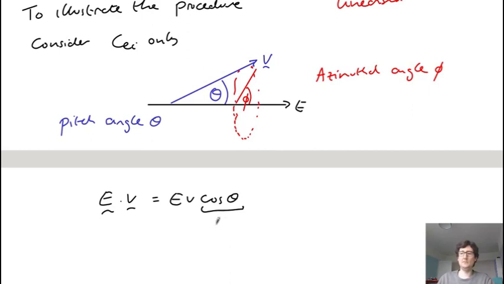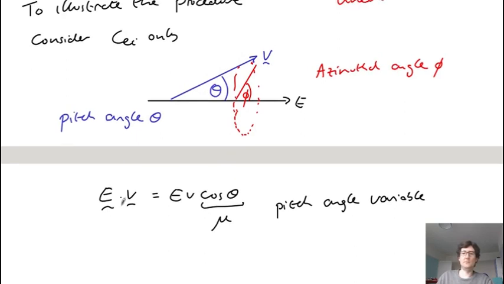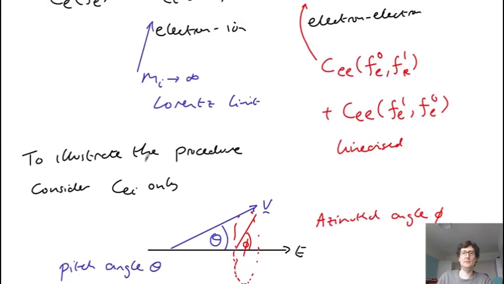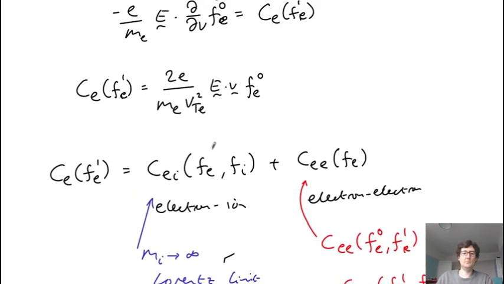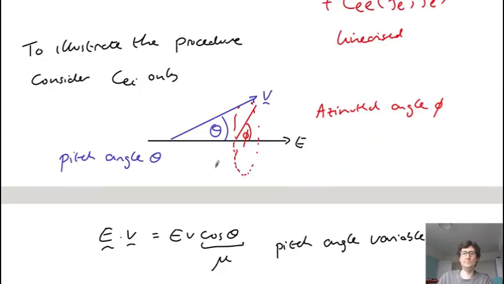And this cos theta, we're just going to label mu. It's the pitch angle variable. And so using this pitch angle variable mu, and using this Lorentz form of the collision operator, we can write this equation here in this form.